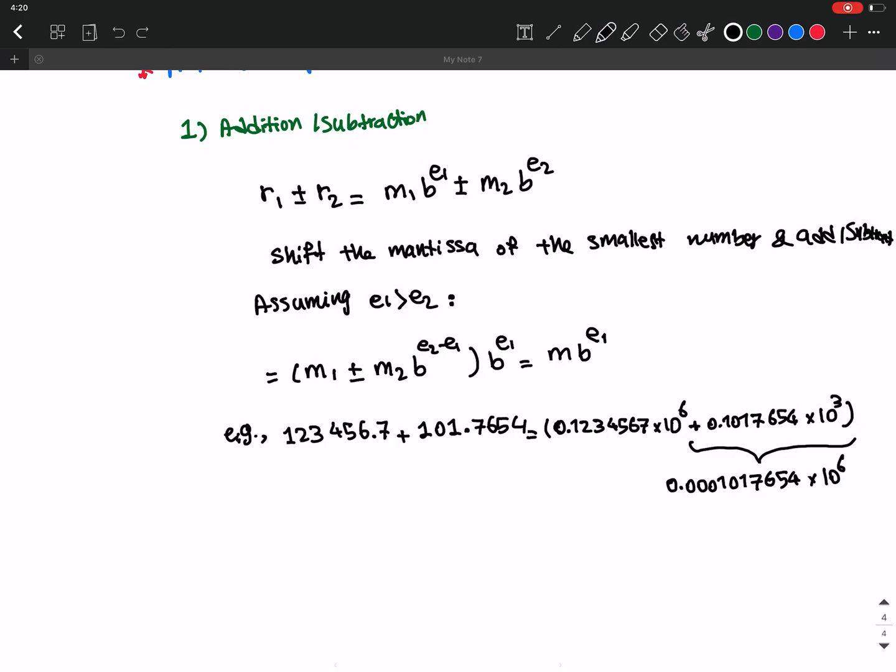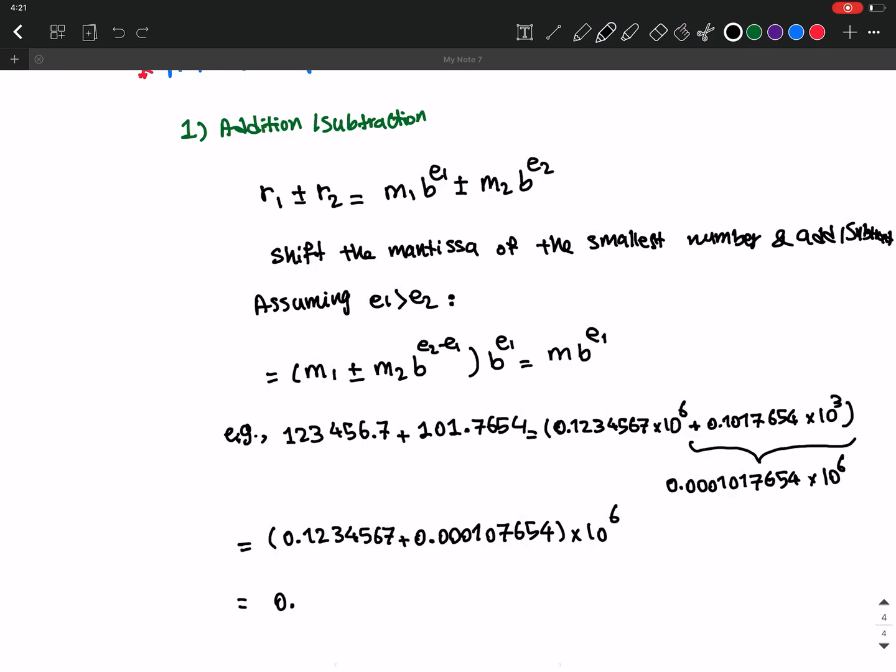Okay, so it's gonna be 0.1234567 plus 0.00107654 times 10 to the power 6. Okay, so this now is pretty simple. We can just add these two numbers together.